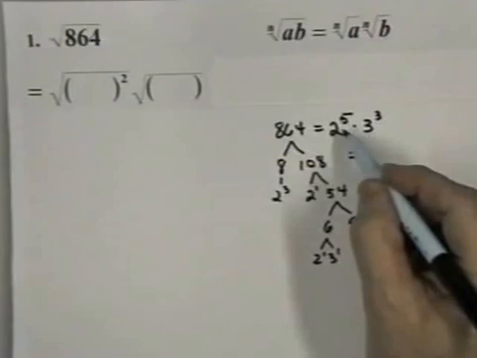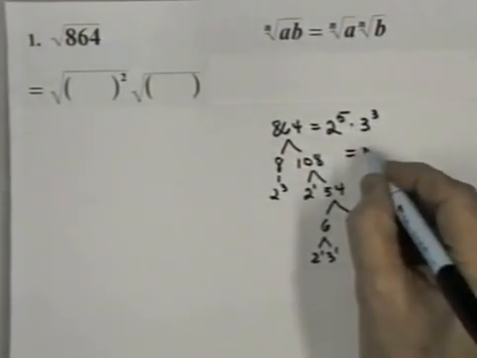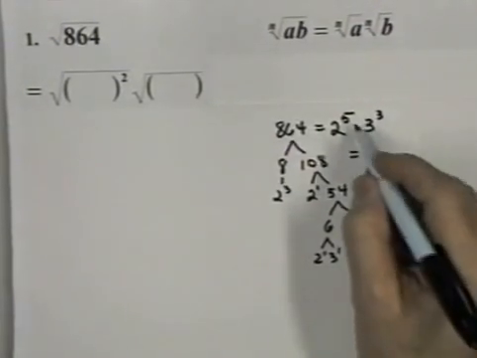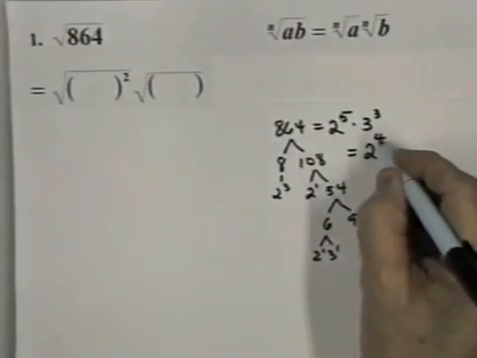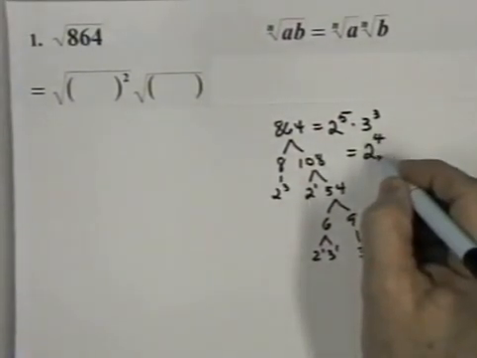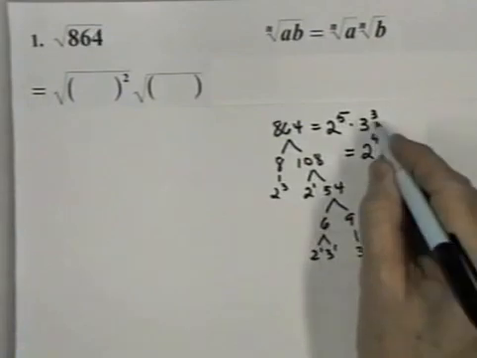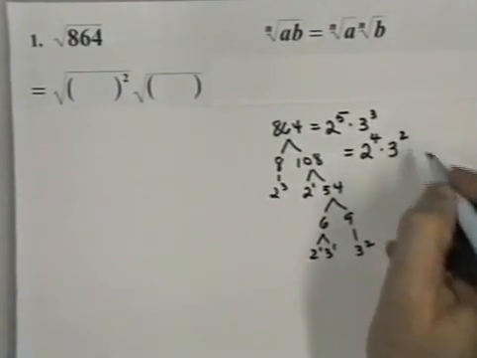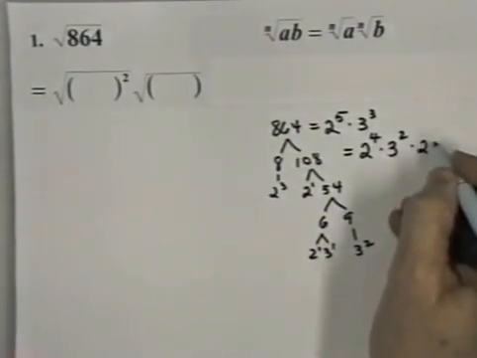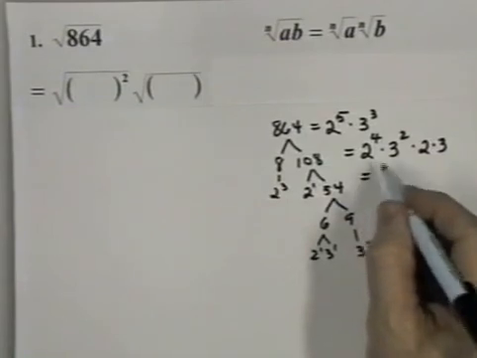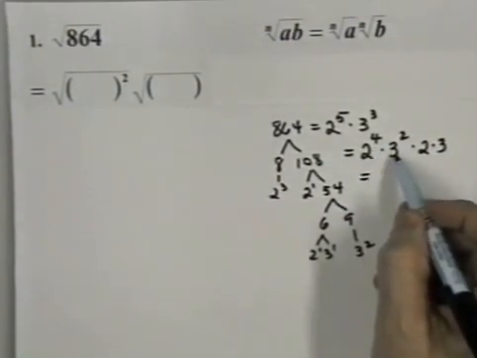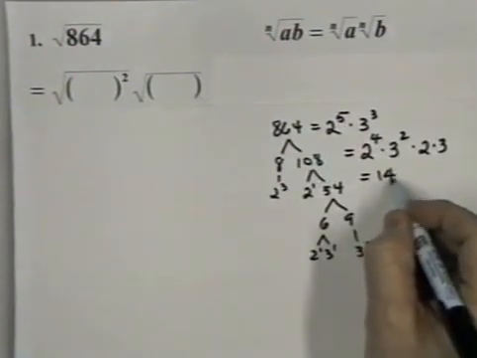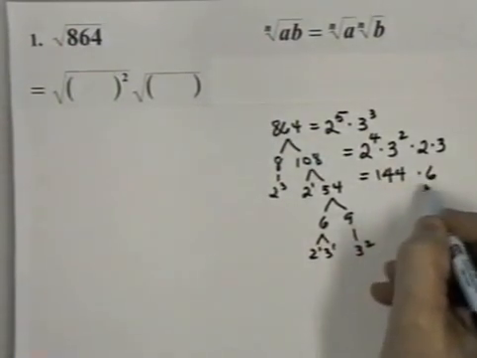Well, remember our discussion about perfect nth powers. As long as I take an exponent that is a multiple of 2, that has to be a perfect square. And 3 squared is a perfect square, and what I'm left with is 2 times 3. Now just multiply this together. 16 times 9, that's 144 times 6.